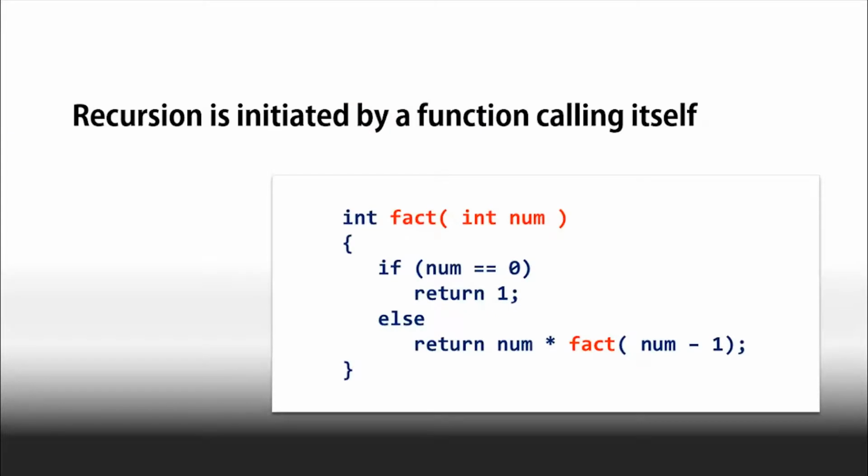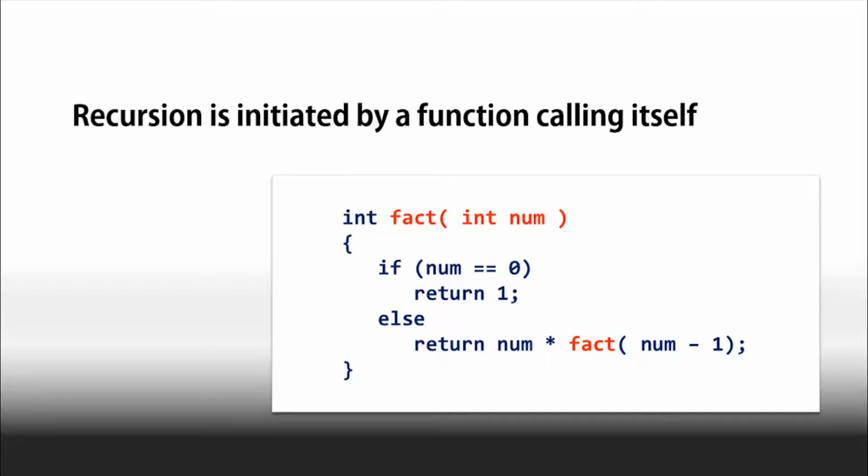So let's take a look at an example and see a figure of what's going on in memory when we process a recursive function. Recursion makes a little bit more sense when we can look at it right in front of us. Here is a recursive function called fact. It is a factorial processor.